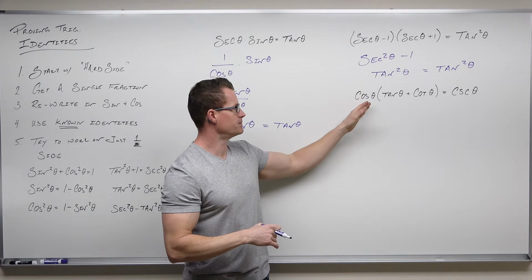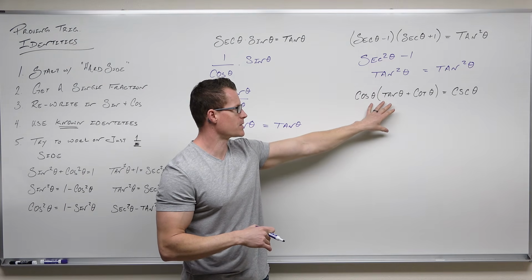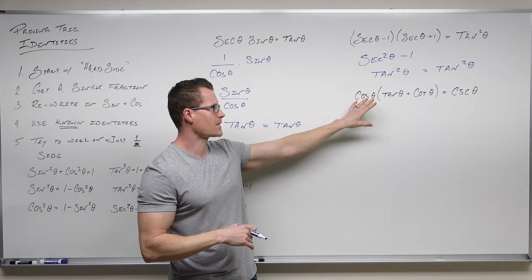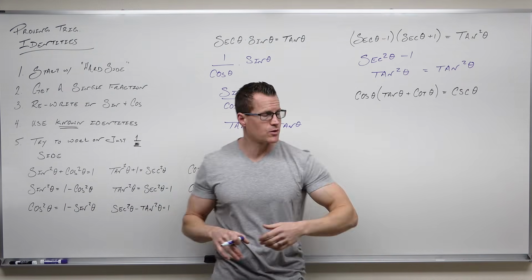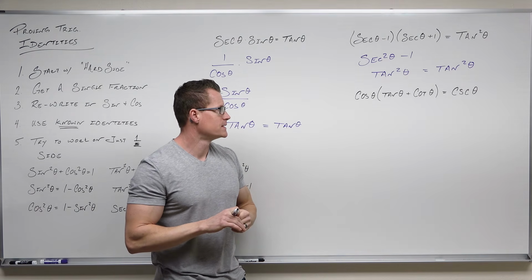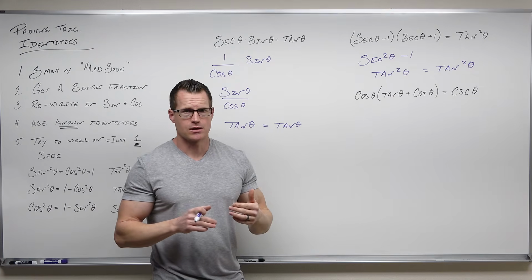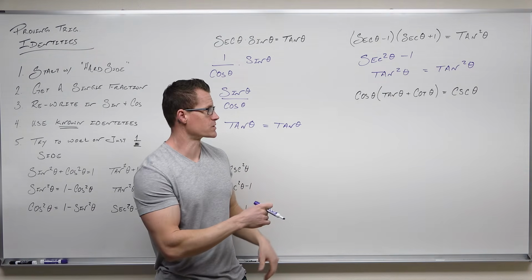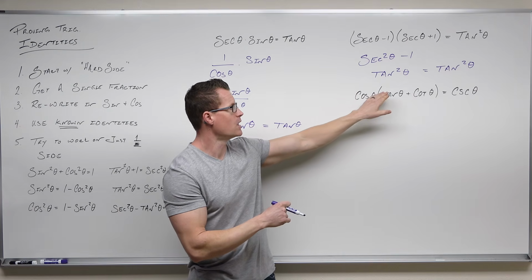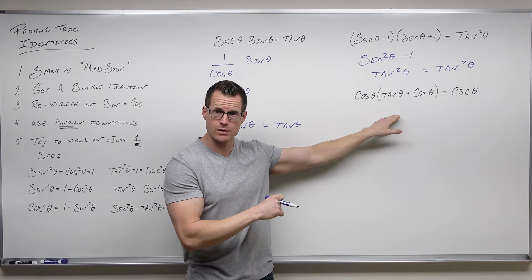Here, I'm not seeing any identities that are coming up. I don't see any squares. I'm not seeing anything that looks similar to this stuff over here. So I'm probably going to write this in sines and cosines. There's no fractions, there's no squares, there's no other identities. Let's go sines and cosines on this. So that cosine looks good, but this should be sine theta over cosine theta.